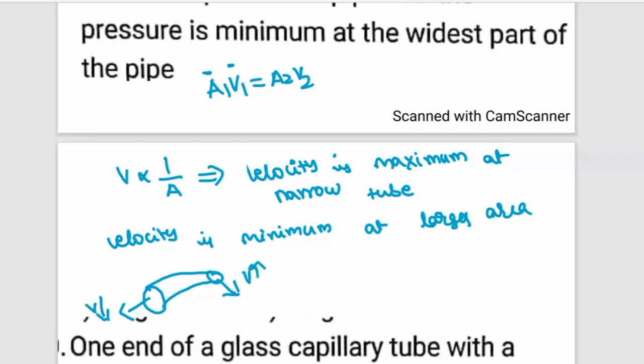If you take a horizontal pipe, the pressure is minimum at the narrowest part.